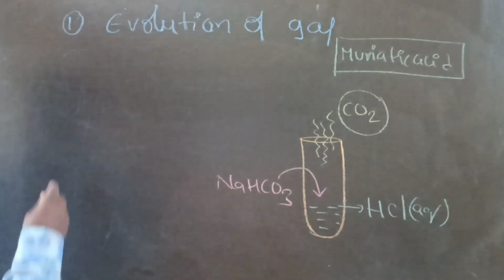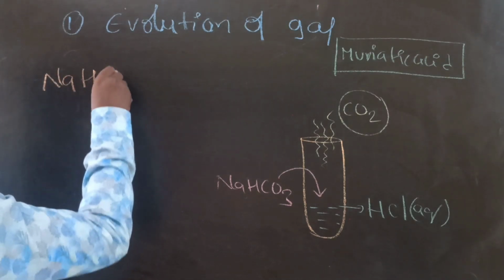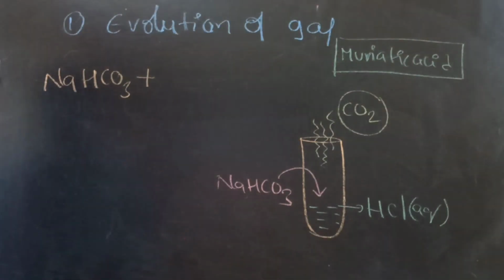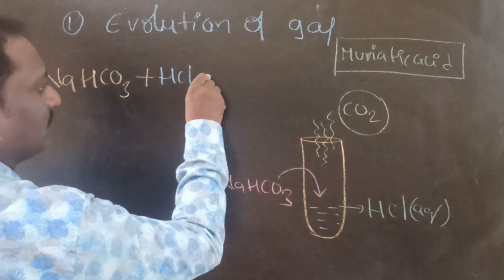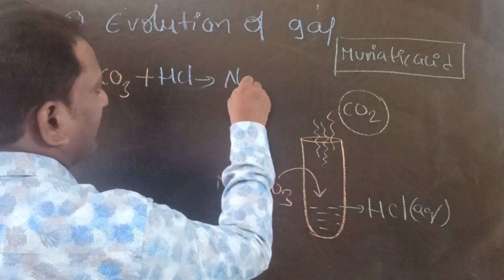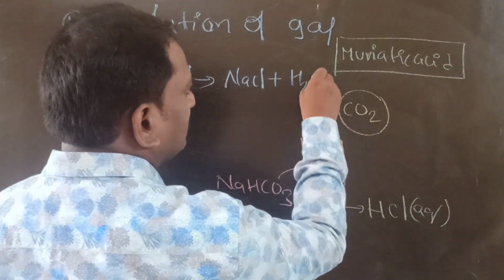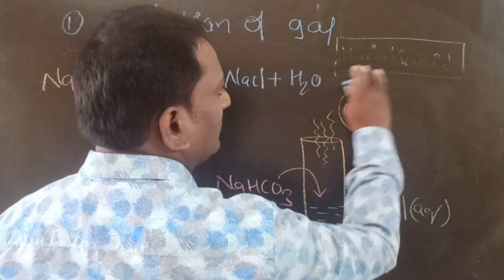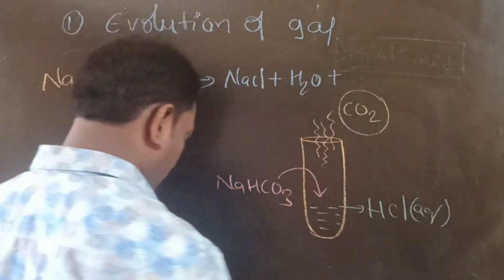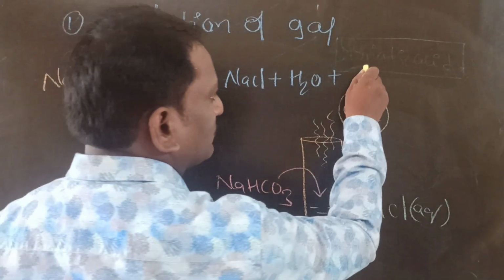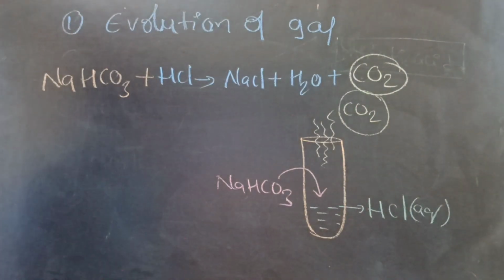Let me write the equation. Look at the board, all of you. Sodium bicarbonate, baking soda, reacts with hydrochloric acid, that is HCl, gives sodium chloride NaCl plus H2O plus carbon dioxide gas.